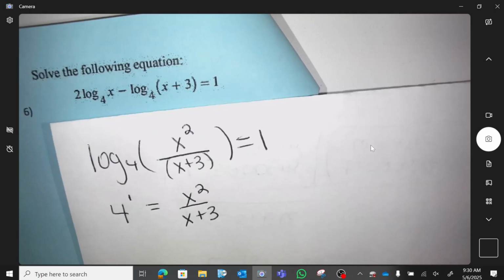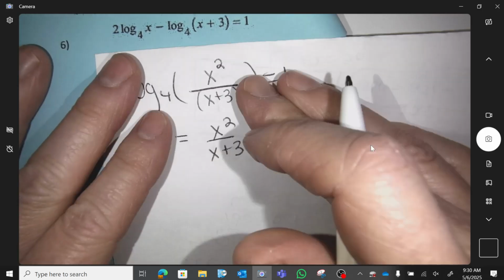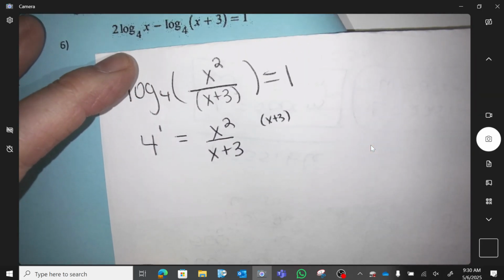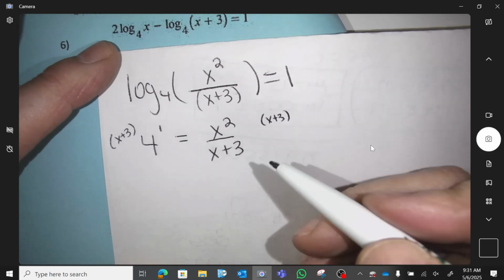Okay, tell me a good math strategy here, just with algebra. What would you do? I would times by x plus 3. Do you like that idea?